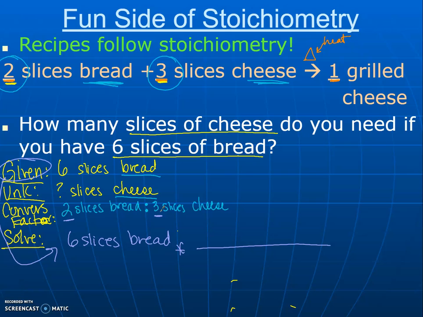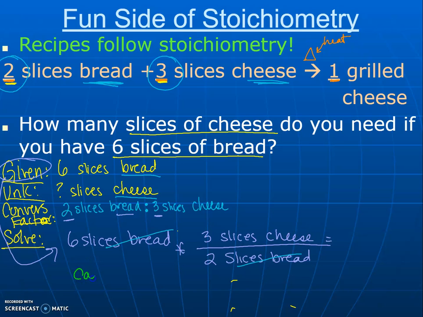Going back to dimensional analysis, if you are given the unit bread and you want to cancel it out, you need to put bread on the bottom so that it does cancel out. 2 slices of bread for every 3 slices of cheese. You are going to see that bread and bread cancel out, leaving slices of cheese.